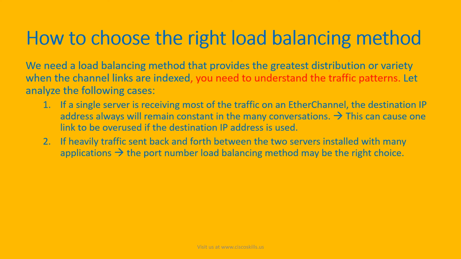We also know that it's installed with many applications, which gives us a clue that each application usually uses a different port number. So in that case we should use the port number as a load balancing method.